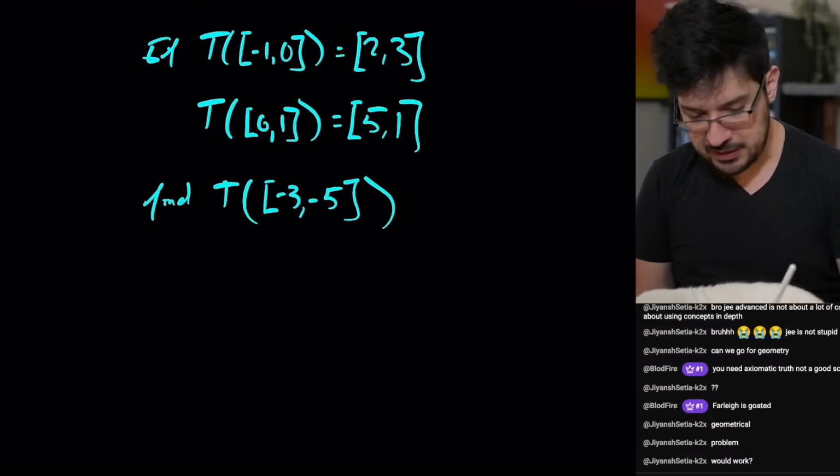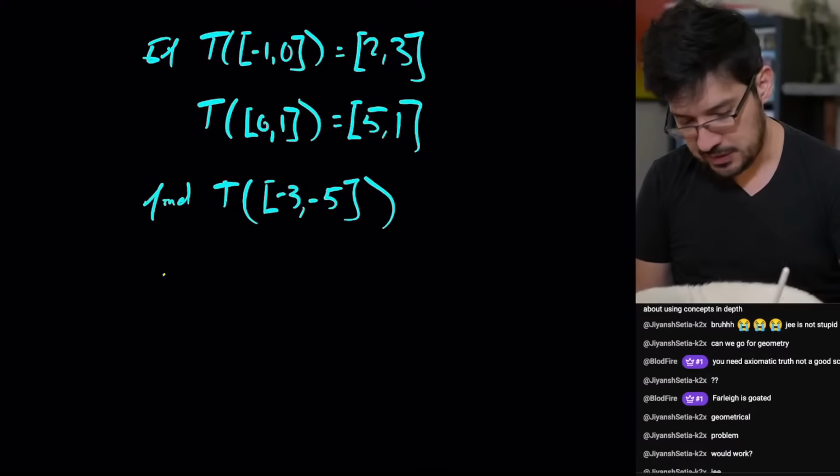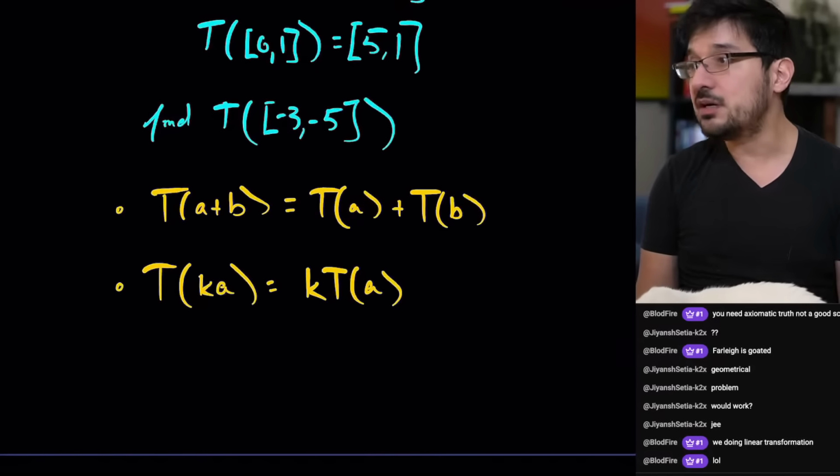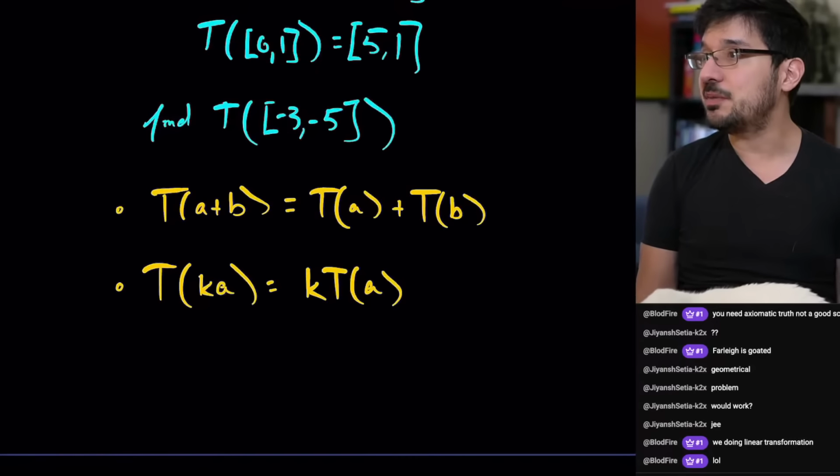So what is the definition of a linear transformation? It means that the transformation is linear. So you can do addition inside or outside. The transformation is linear in addition, and the transformation is linear in multiplication. Right? So these two are important for T to be a linear transformation.